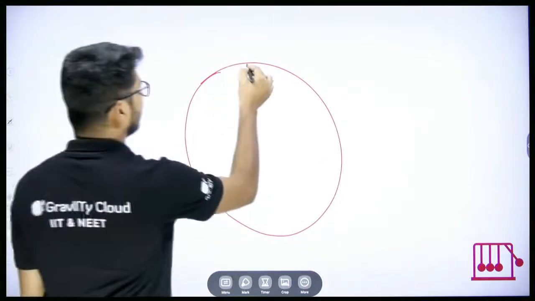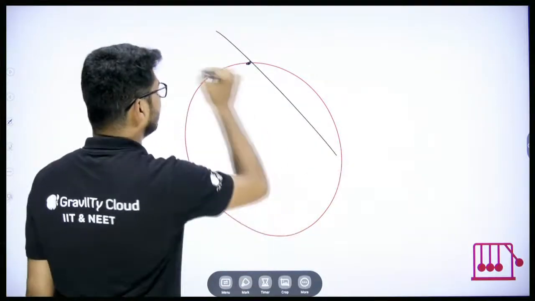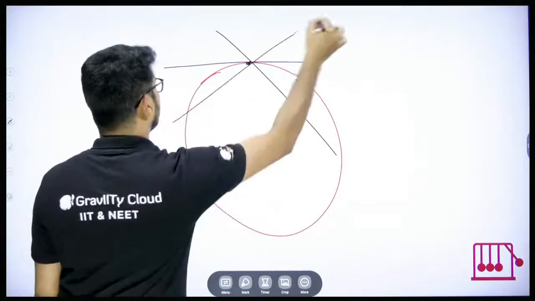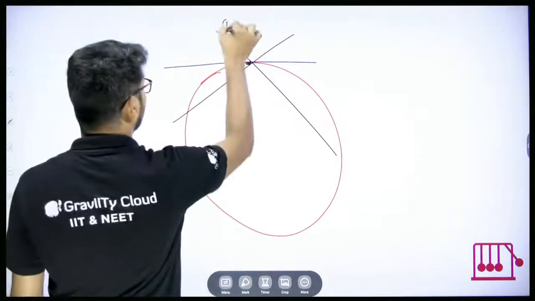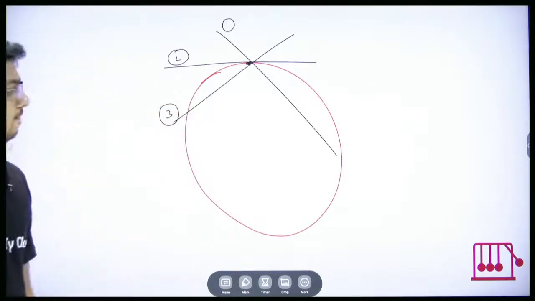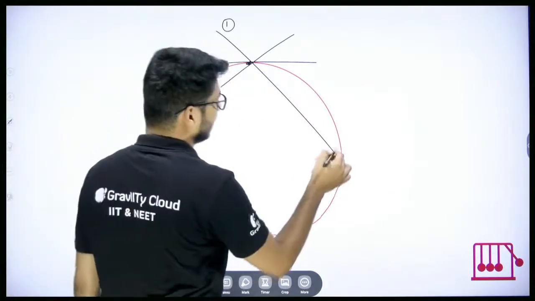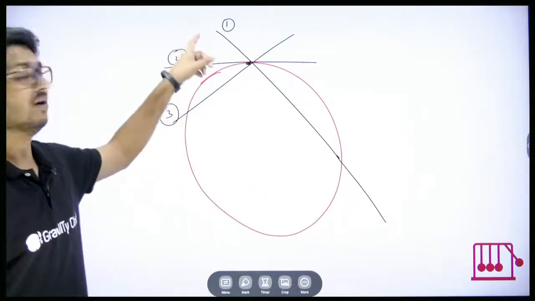Now at this point you can draw many lines. You can draw a line in this way, in this way, in this way. Here I have drawn 3 lines: line 1, line 2, line 3. Now look at line 1, let me extend it.